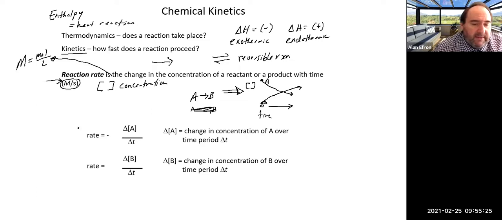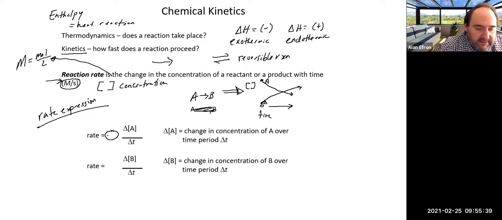So we could write something sometimes referred to as the rate expression to describe what is happening in this reaction, and that's what we see down here. The rate is equal to, in the case of A, minus, so there is a minus there, the change in the concentration of A over the change in time.